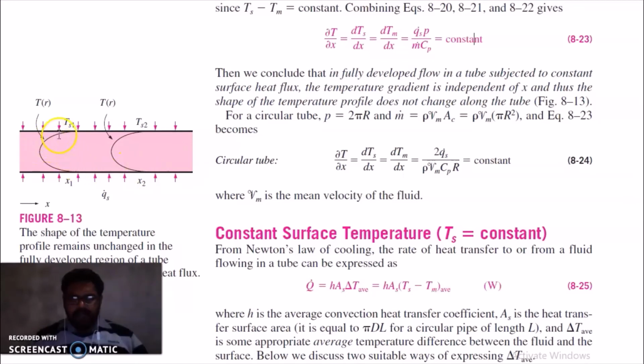The temperature profile will remain the same. So temperature is a function of the radial direction, which means it will change along the radial direction of the tube, but it is independent of x. Whether you check the temperature profile at this location of the tube, x1 or x2, the temperature profile remains the same.